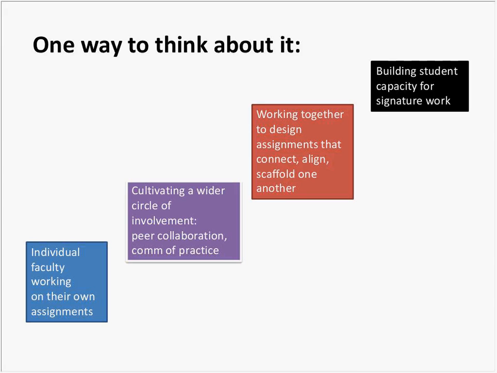And that, in turn, brings us to the black box in the upper right, this notion of capacity for signature work, which is work integrated and applied, and which draws on the individual student's interest and experience, and thus has his or her signature. I love that, and it goes back to your comments, Susan, and probably others as well, about the tension between clarity and creating a space for students to really put their signature on their work.